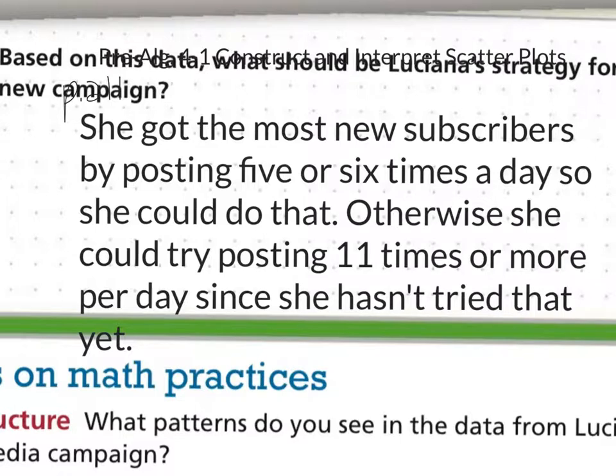You know, she could try other things. 10, if you'll notice, she only did 10 one time. She didn't try 9, but again, it looks like that 5 or 6 posts a day seemed to be working pretty well for her. And at some point, you're just not necessarily going to keep getting that same amount of subscribers every time.